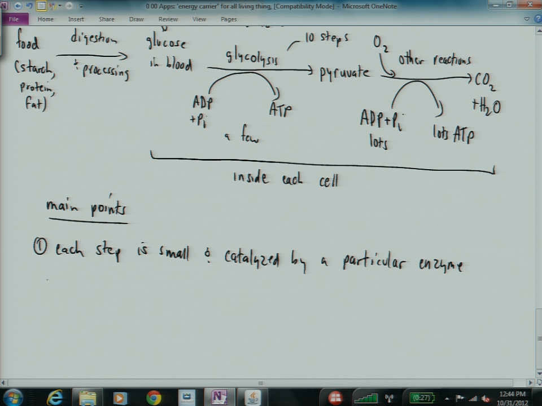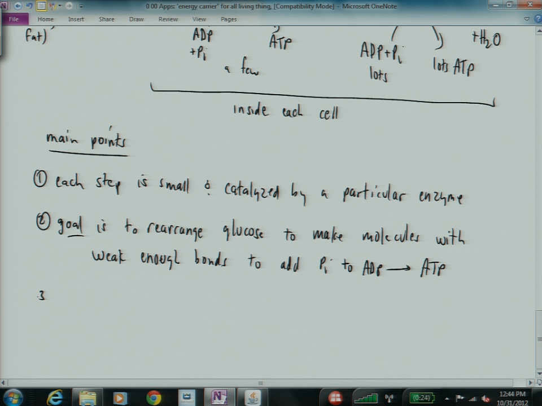The goal is to rearrange glucose to make molecules with weak enough bonds to add phosphate to ADP to make ATP. And then the last thing is, and this is actually the really big one, is recycling.